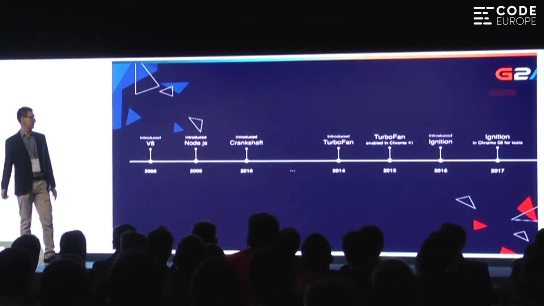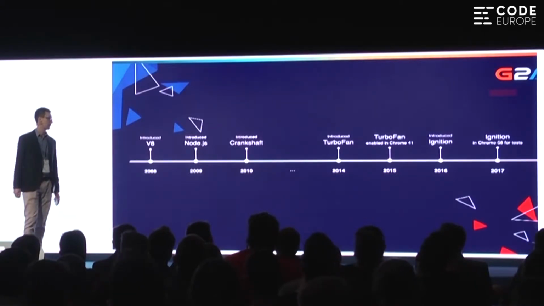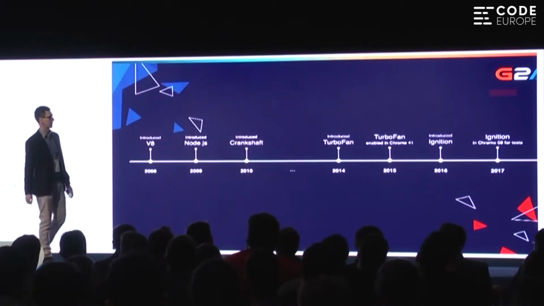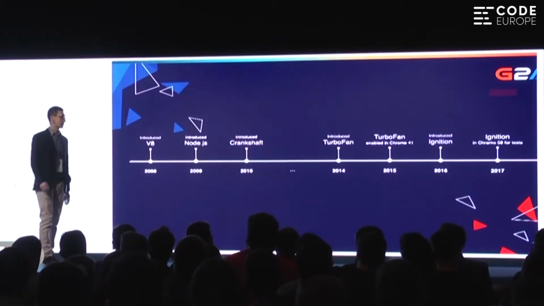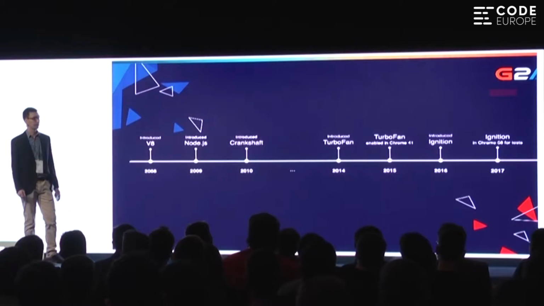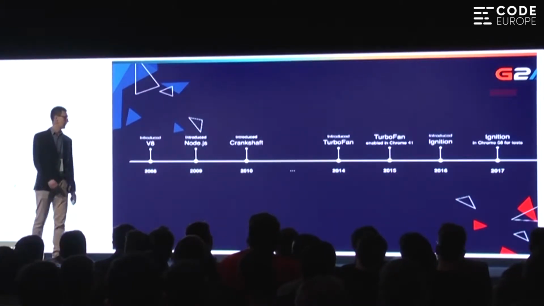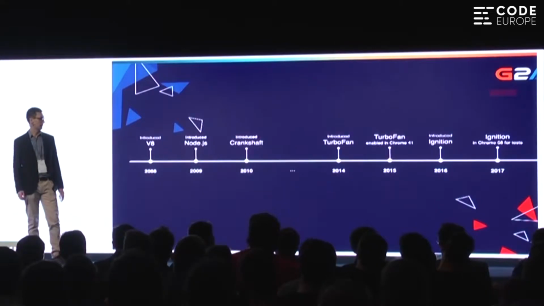It was focused on such situations. In 2015, it was enabled in Chrome, and a year ago, they introduced Ignition, which is a bytecode interpreter that works strictly with Turbofan. And in 2017, so this year, January or February, it was put on A/B testing and on a flag with Node.